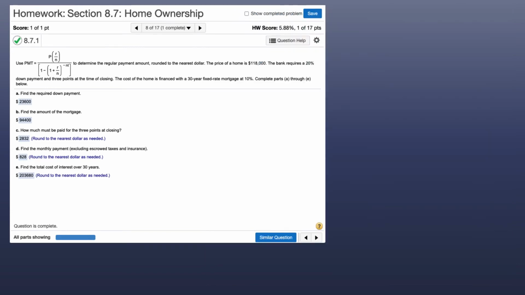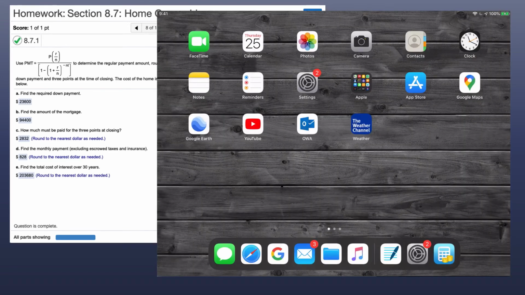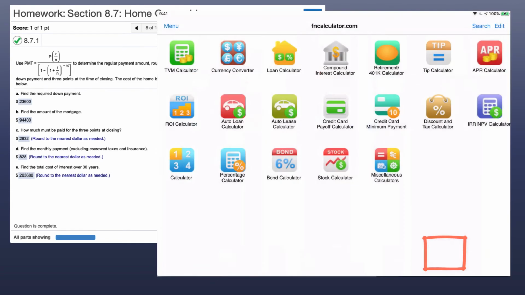Let's see it in action on the app, on the iPad, iPhone, or smart device app. So let's give that a shot now. So again, I'm using the Easy Calculator app. That's just the one I have. Tons of different apps out there. And they do have an app. I don't know if you see it there, it's the red one. It says Auto Loan Calculator.